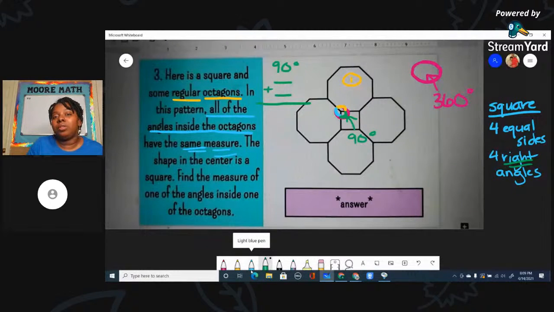They all form a circle, so they're all going to add up to what? What was our circle? 360. Awesome. Okay. How would we find these two missing angles? What do we know again about these two angles? They have to add into 90 to make 360. Okay. What else?